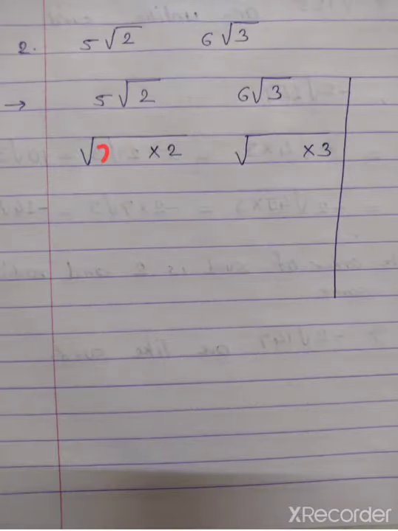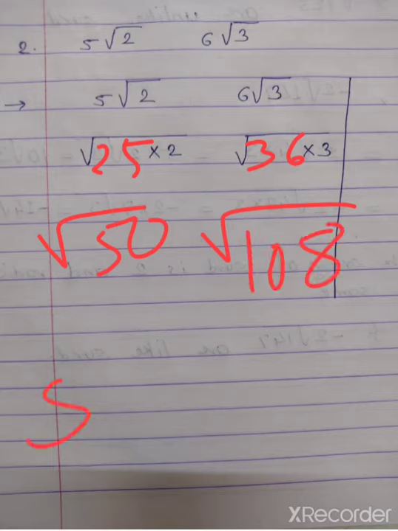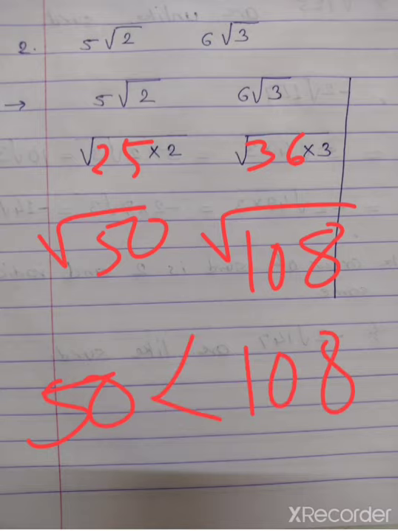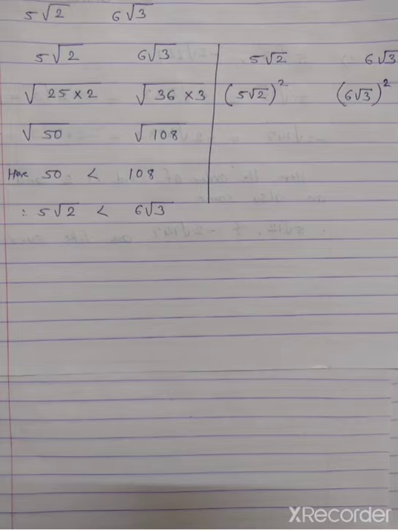So I am writing 25 and 36. 25 twos are 50 and 36 threes are 108. From this you can say 50 is less than 108, and therefore the first surd is less than 6 root 3.